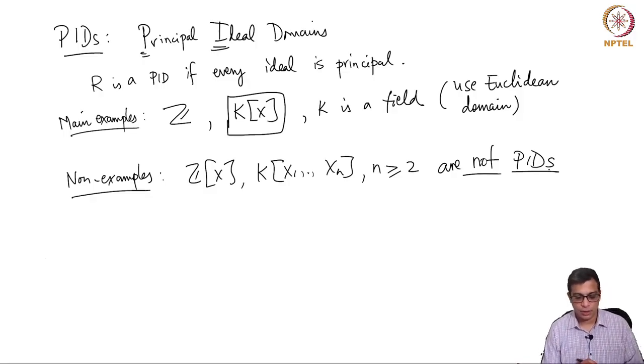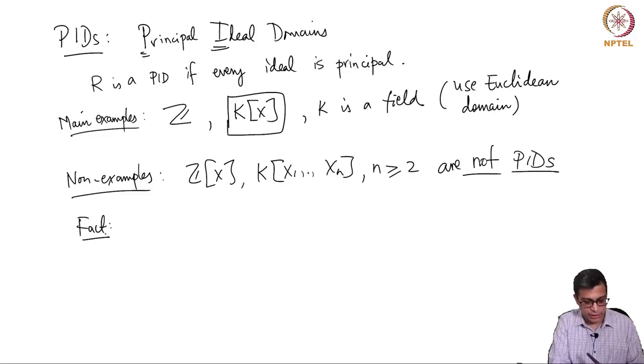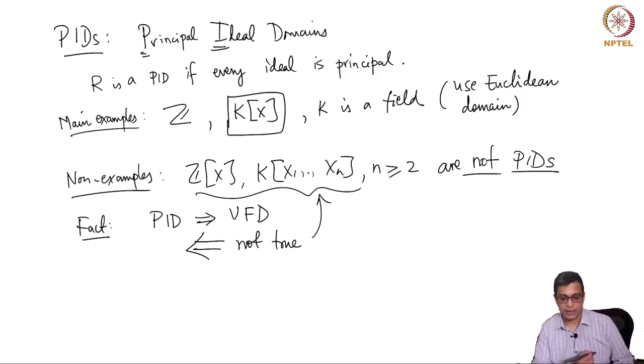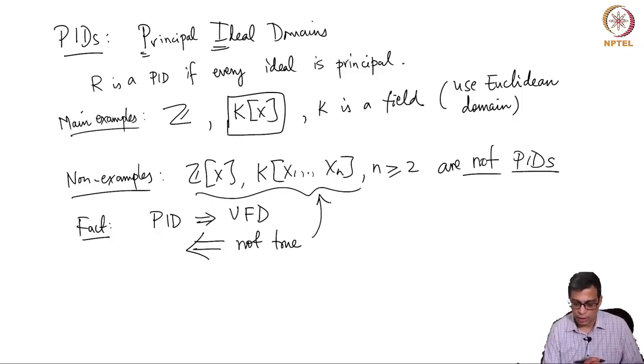They are very nice rings, namely they are UFDs, but they are not PIDs. An easy fact you can check, which is again covered in an algebra course, is that if something is a PID, it implies it is a UFD. The converse is not true, as these examples show: Z[x] and K[x1, ..., xn], where n is at least 2, are UFDs, but they are not PIDs.